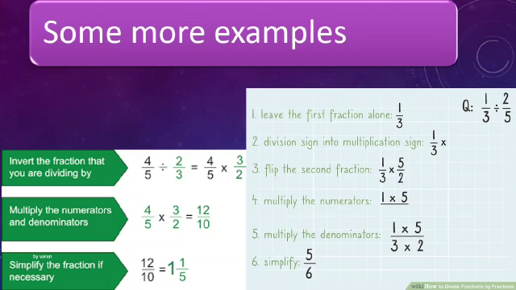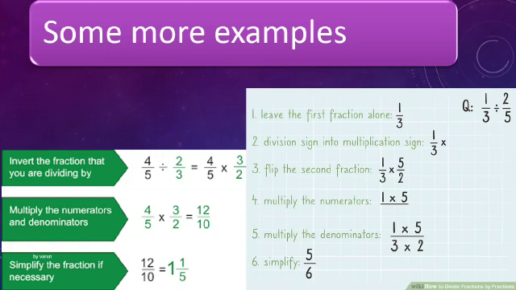Some more examples. Now we have to divide two fractions. How are we going to do that? For that we have to see this example, 4 by 5 divided by 2 by 3.